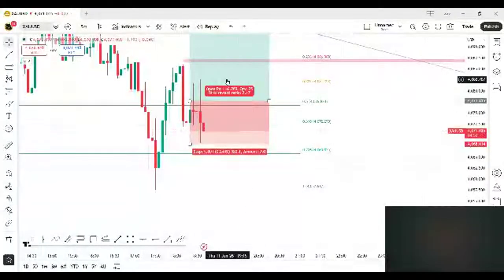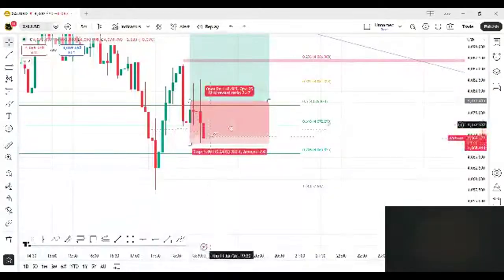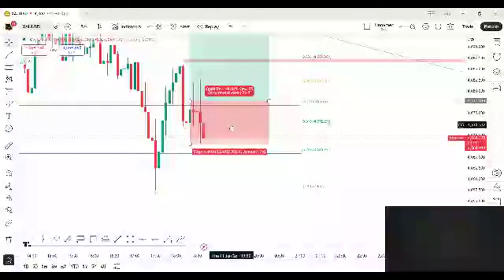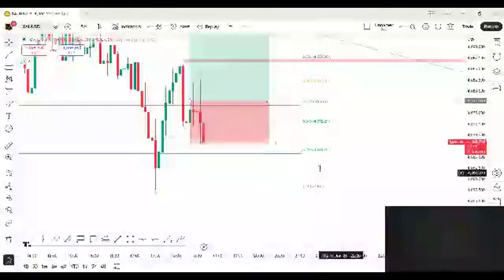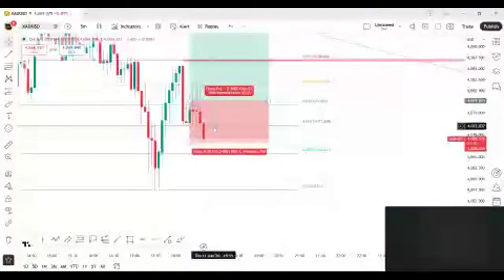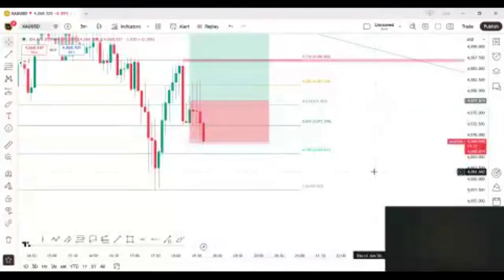A lot of reasons are supporting the market towards bearish, but we entered a buy because of two reasons, and we secured approximately 80 pips. If we get momentum above this area, then hopefully.